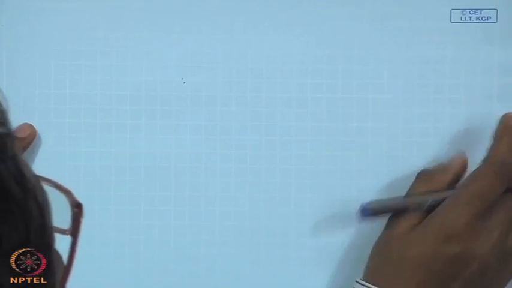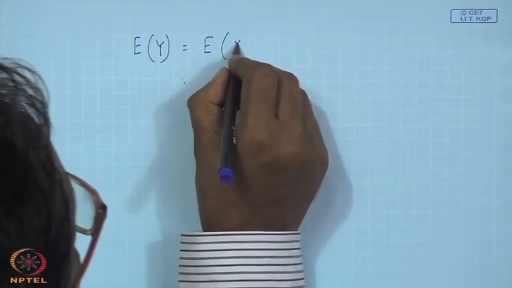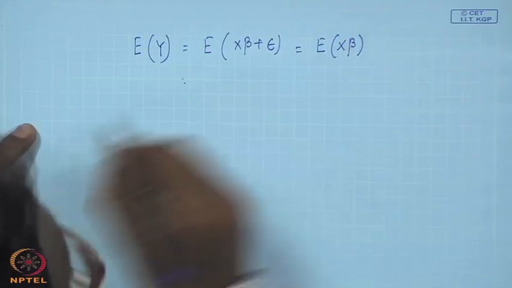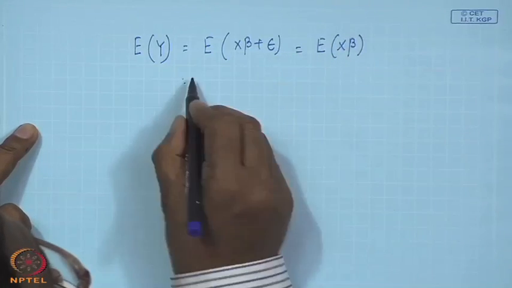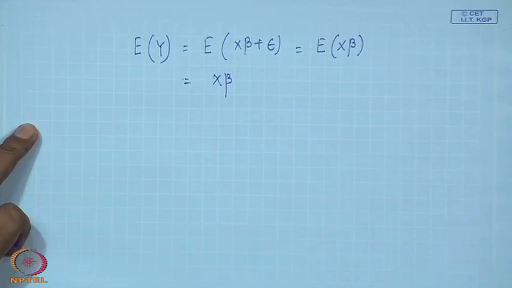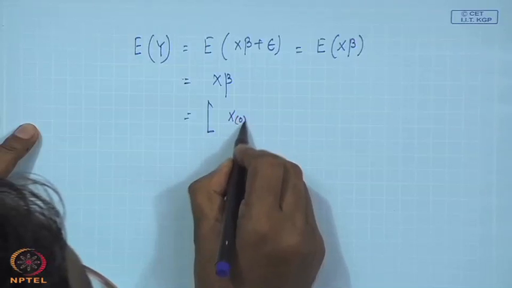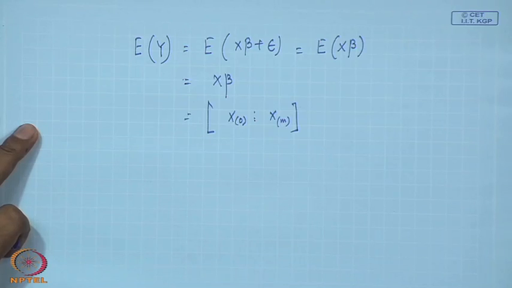Under such a situation, if I want to write down the expected value of y, this is nothing but the expected value of x beta plus epsilon, which is the expected value of x beta, because the expected value of epsilon is 0. If you write this as x0 and x m, what are the dimensions?